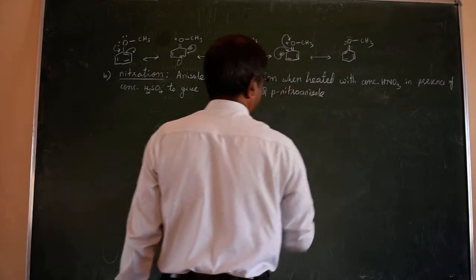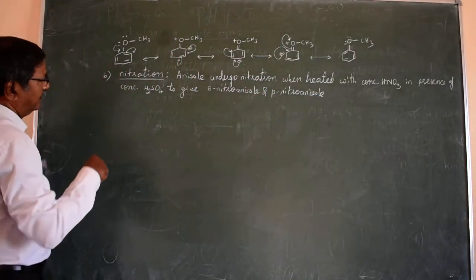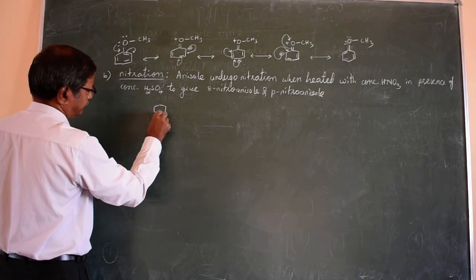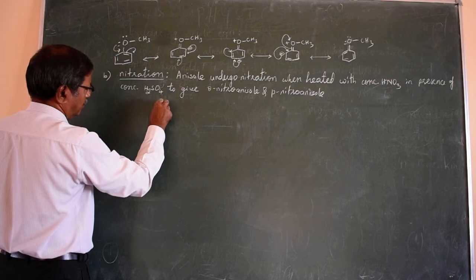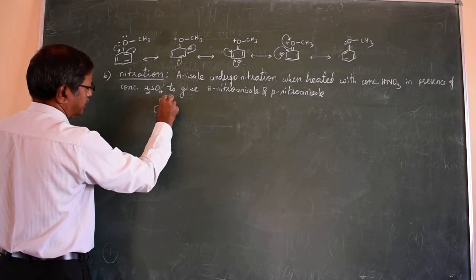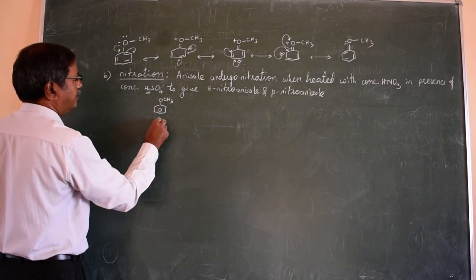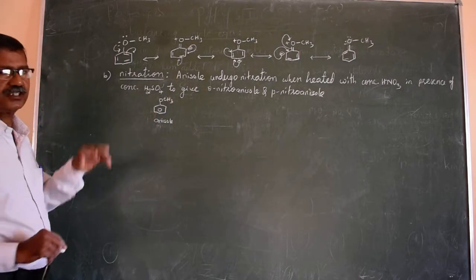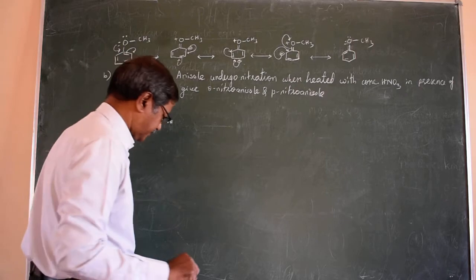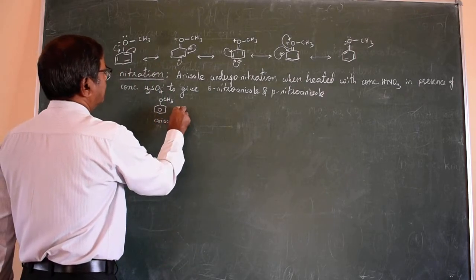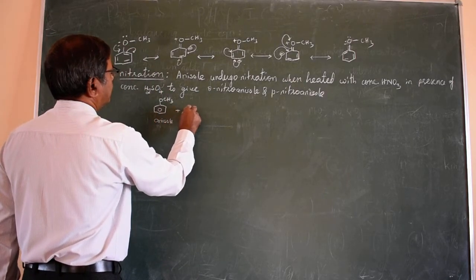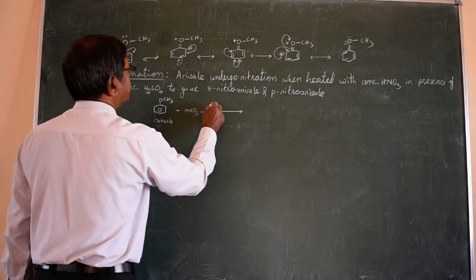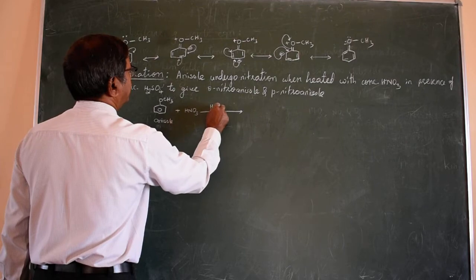So the question is, OR means OCH3, we know it is anisole, or methoxybenzene according to the IUPAC system, plus HNO3 in the presence of concentrated H2SO4, both are concentrated.